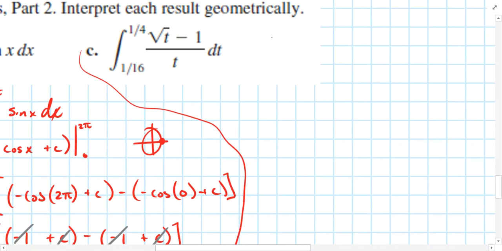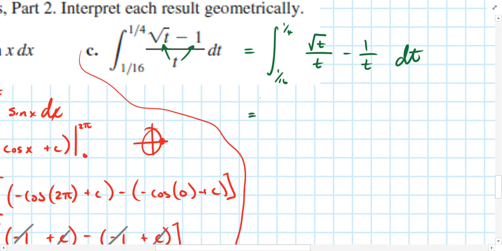Now in our third example, it might be helpful to consider rewriting this. Now remember, if there's a division of a single denominator, we can essentially create 2 fractions with each fraction composed of the same denominator. So that's what I'm going to do here. We're going to find the integral from 1/16 to 1/4 of radical t over t minus 1 over radical t with respect to t.